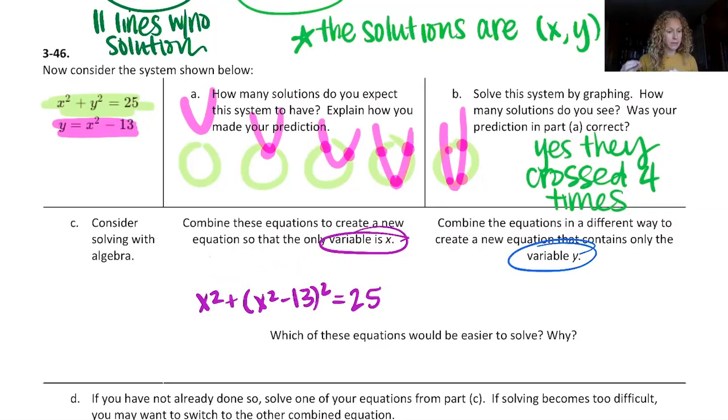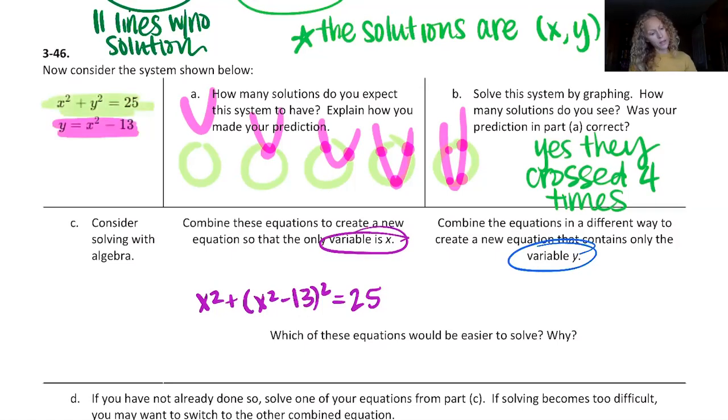If we're going to write a different equation only in the variable y, how are we going to write that? Well, we have an x squared in both equations, right? There's an x squared here, there's an x squared here. So we probably want to substitute there.